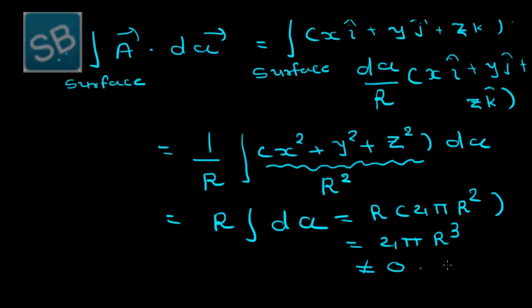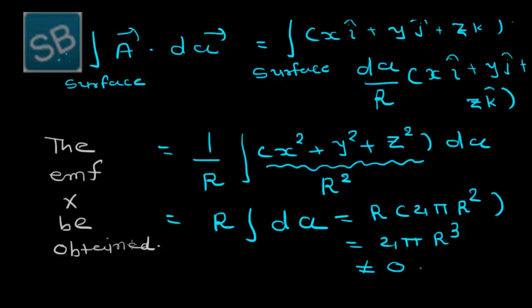So we can write one statement: the induced EMF cannot be obtained. This position vector or field vector which is given to us is not of the magnetic type, and hence the EMF cannot be produced. Now we will switch on to illustration number 6.